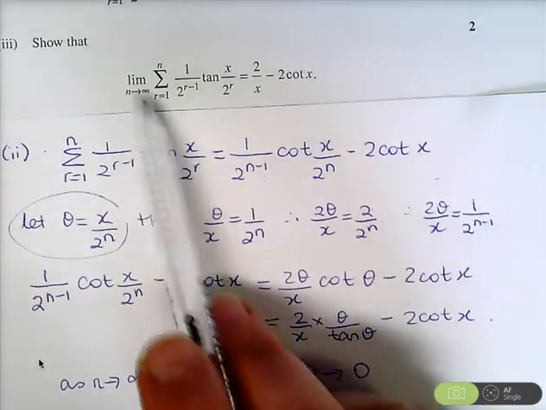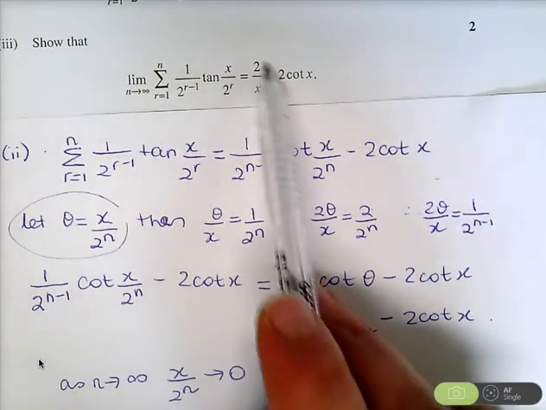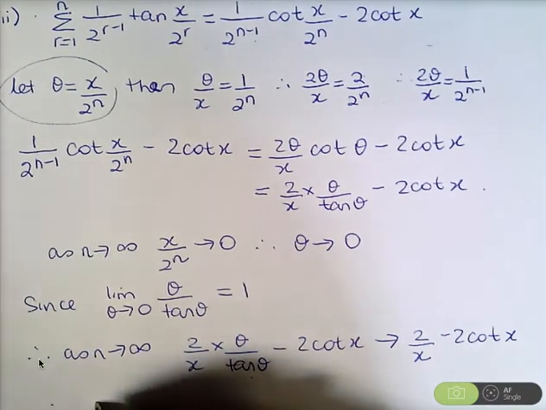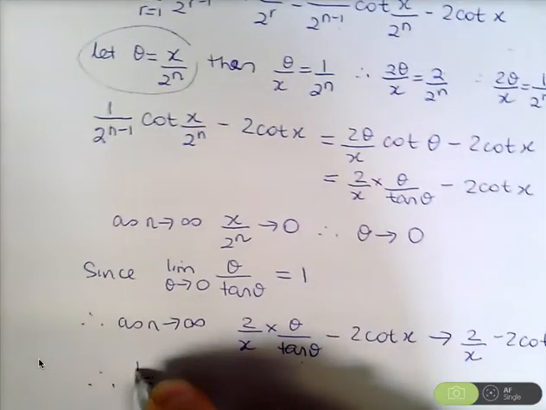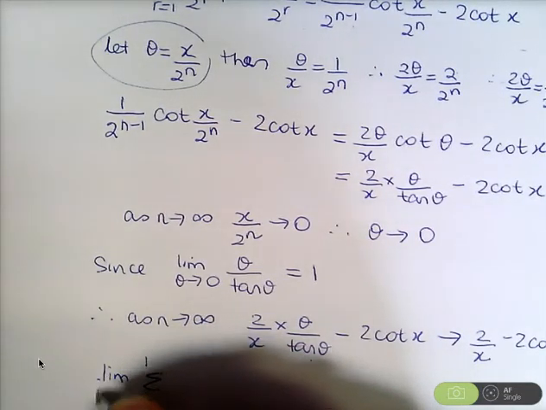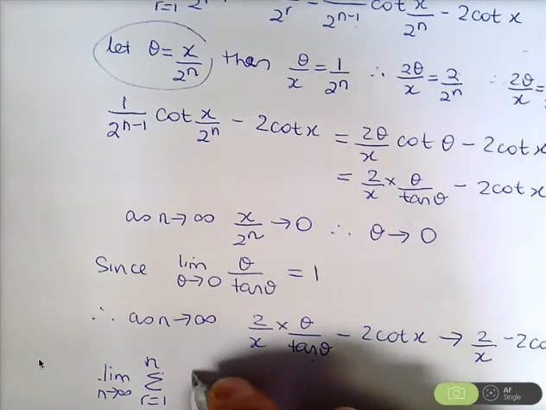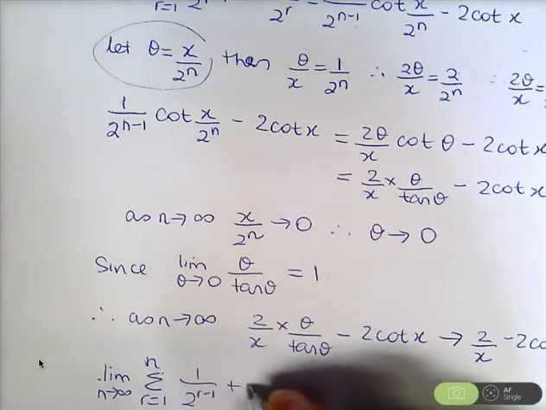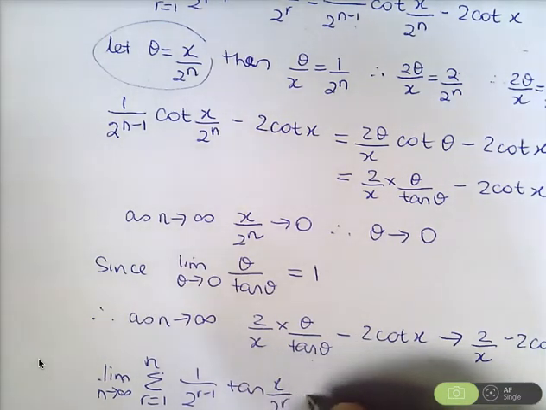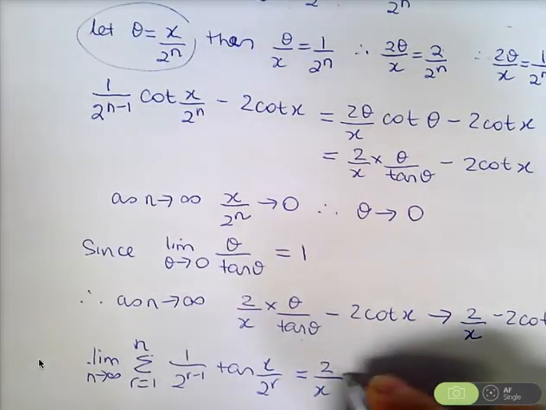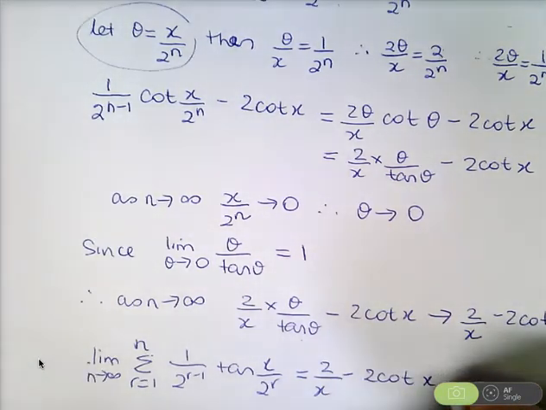And so we can write our conclusion. Therefore the limit as n approaches infinity of the sum from r equals 1 to n of 1 over 2 to the power of r minus 1 times tan of x over 2^r is equal to 2 over x minus 2 cot x.